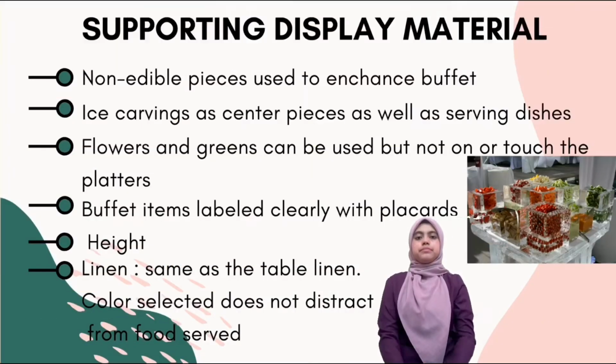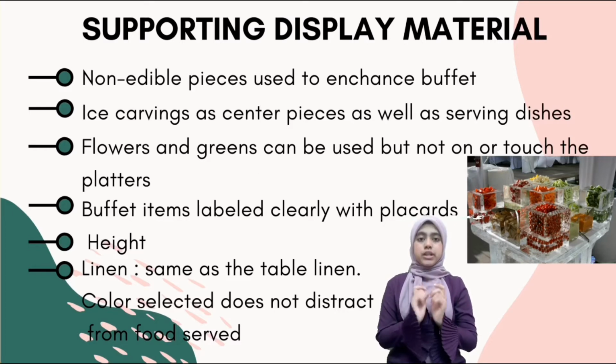Okay, the supporting display materials. The supporting materials are slightly different from the decorations as they include all the non-edible display pieces used to enhance the buffet. An example of display materials is ice sculptures.